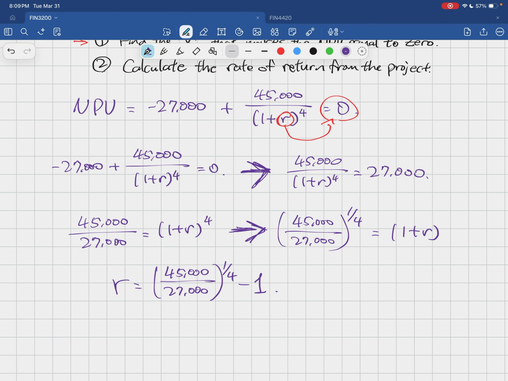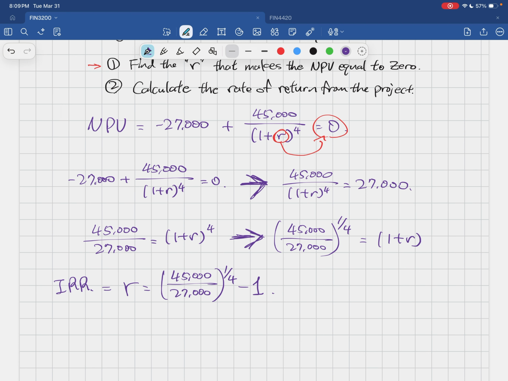Okay, so this is the IRR. Again, it's the r that makes the NPV equal to 0. Okay, so the IRR is 13.62%.